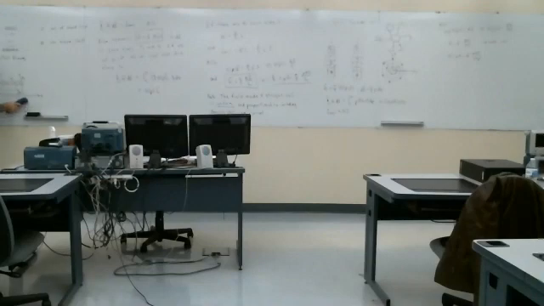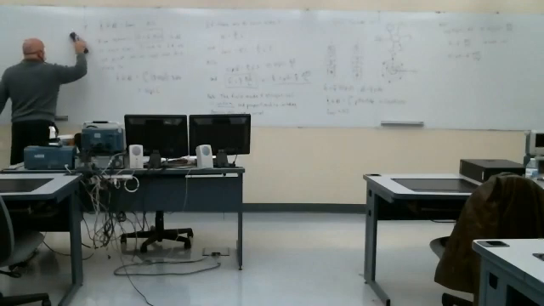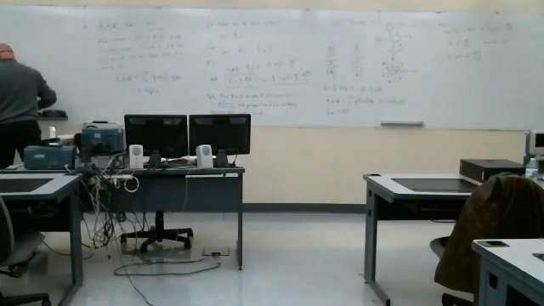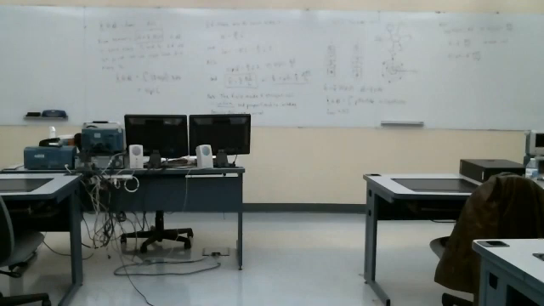There's one more classic case that we want to look at, and this is the current sheet. It doesn't seem very realistic, but it can actually be used to model the ground plane on a printed circuit board.